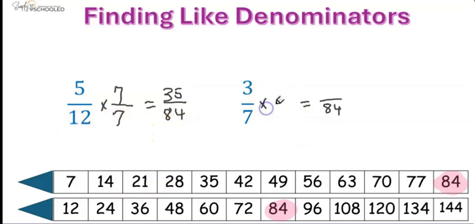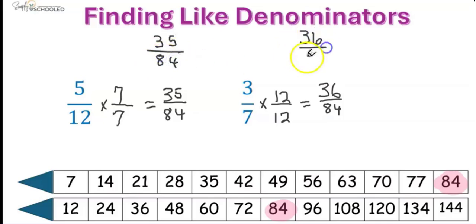So over here, we're going to multiply 3/7 by 12 over 12 because 7 times 12 is 84. 3 times 12 is 36. So see, it can even work with really large numbers. Okay, so here's our two new fractions. As you can see, they are the same value, but they have like denominators. Again, practice is what helps you to get good at this.